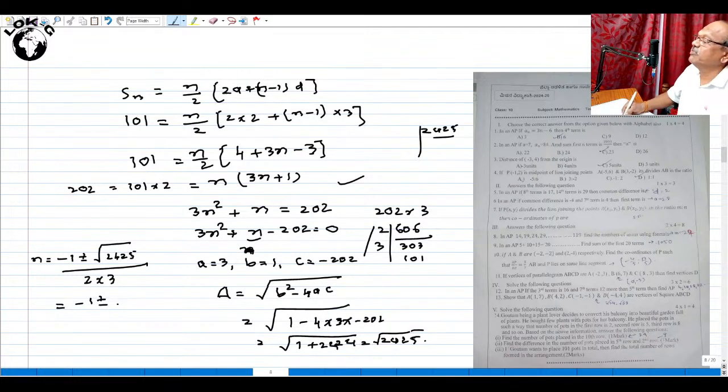It cannot be a perfect square. Therefore, not a perfect square. Therefore, you cannot make the rows. Hence, our conclusion is he cannot make the rows. Not possible. Impossible, you can say.